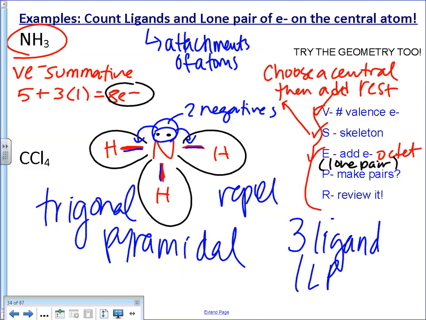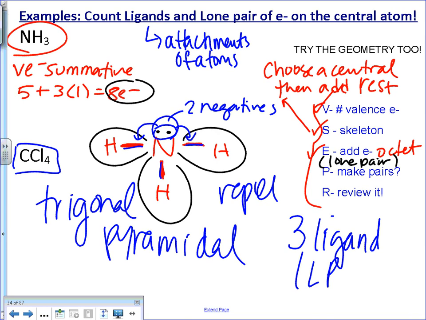Okay. So, next one. For you guys, carbon tetrachloride, CCl4. Go through your process. I want to see what you can do without me first.